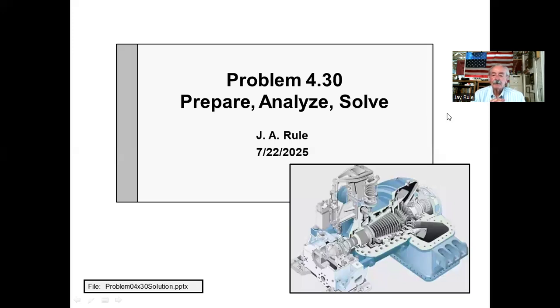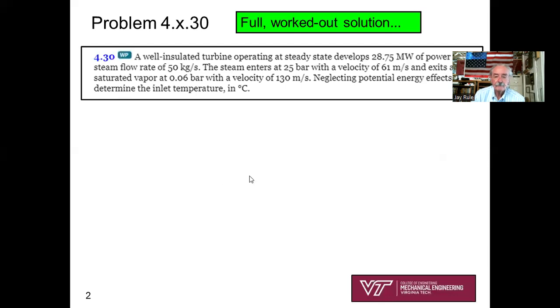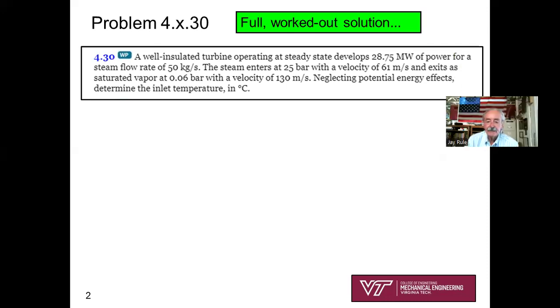This is going to be problem 4.30 out of the textbook. And there's a little screenshot of what a steam turbine looks like. So let's go ahead and look at the problem statement. A well-insulated turbine operating at steady state develops 28.75 megawatts of power for a steam flow rate of 50 kilograms per second.